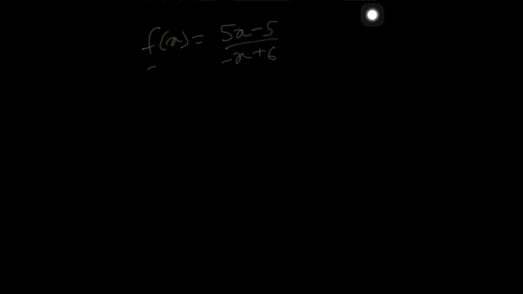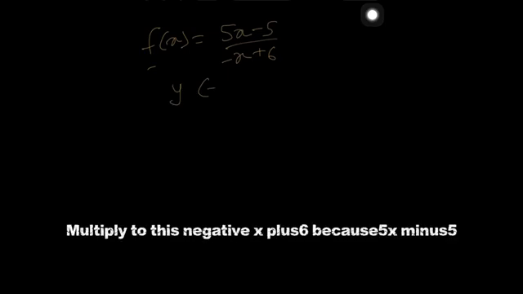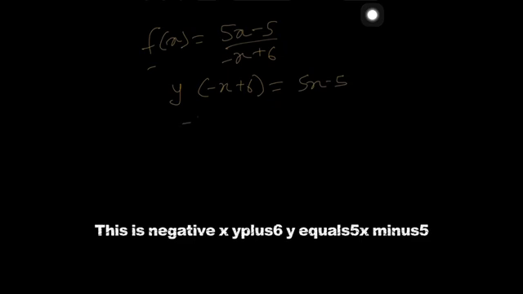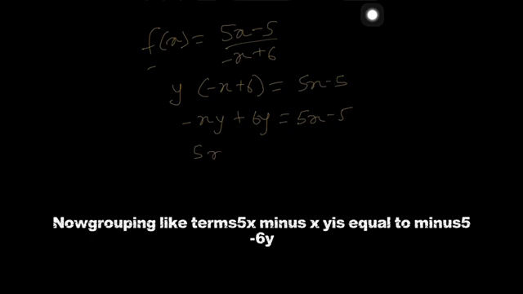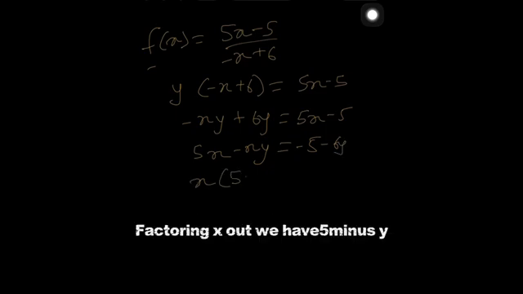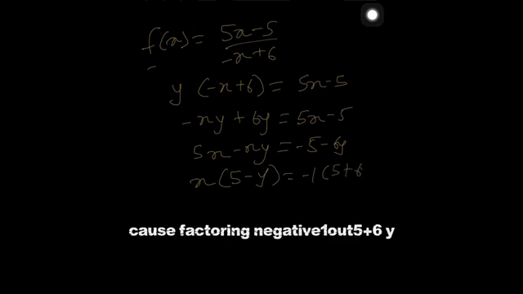f of x equals 5x minus 5 over negative x plus 6. f of x as y, multiplied by negative x plus 6, equals 5x minus 5. This is negative xy plus 6y equals 5x minus 5. Now grouping like terms, 5x plus xy is equal to minus 5 minus 6y. Factoring x out, x times 5 plus y equals negative 5 plus 6y.